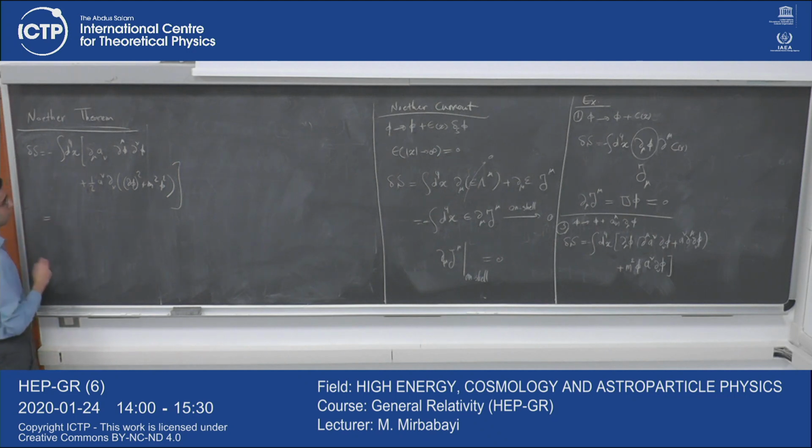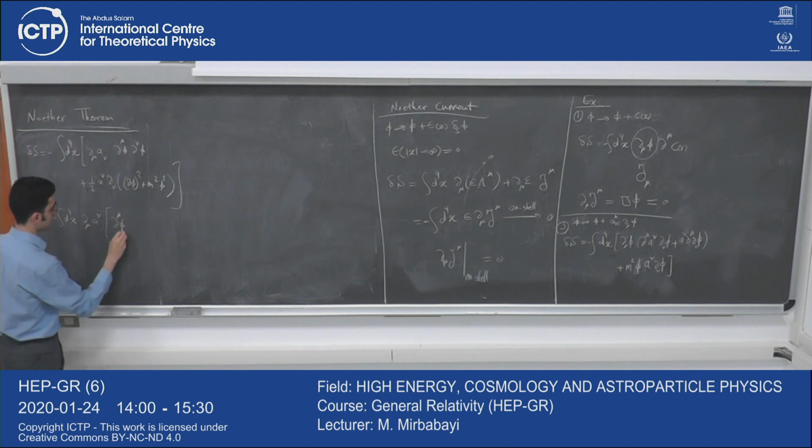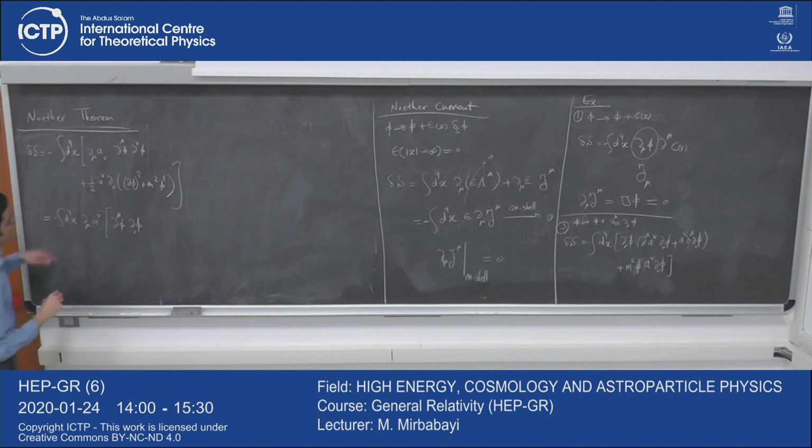Now, again, I can freely do partial integration because now a is a space-time variable and it vanishes at the boundary. So this is equal to minus the integral d4x times d mu a nu. In fact, let me write it like this. d mu a nu, then I have d mu phi, and then here I'm going to do a partial integration.